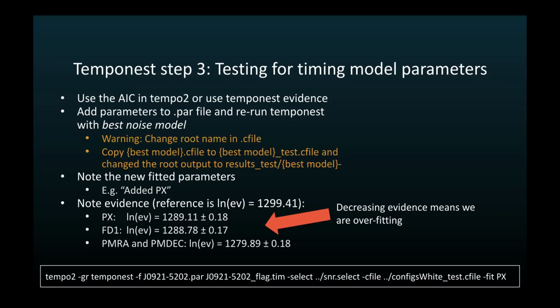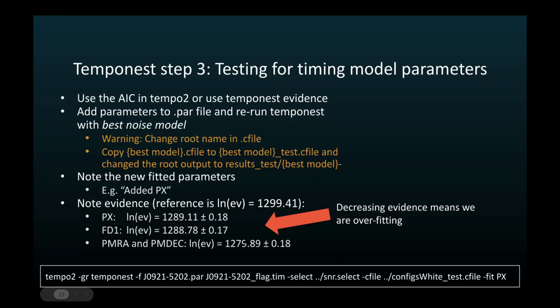That would be exciting. So the reason why we created this test directory is that after you've done that, so that you don't need to create a new directory all the time, you can delete the contents of this results_test, and then you can change the parameter here and try something else. So for example, if we try FD1, so just replace this PX with FD1, and you would get another evidence, and again, it's lower.